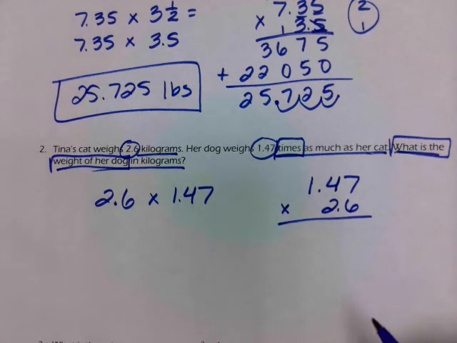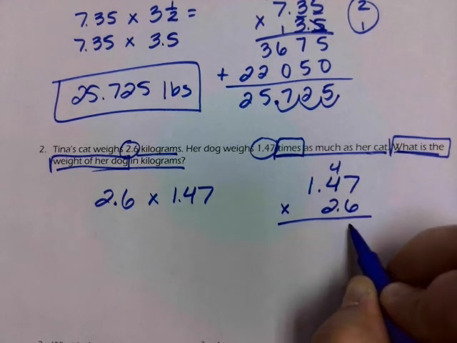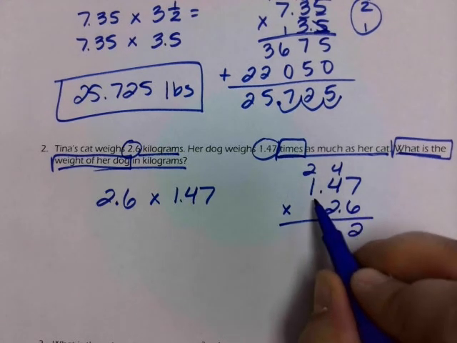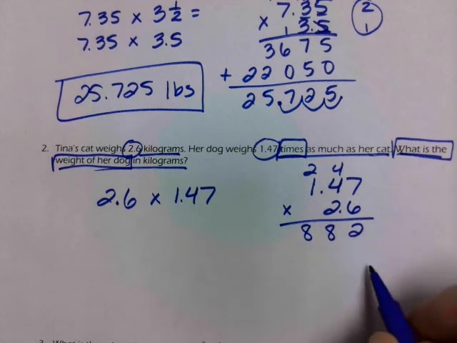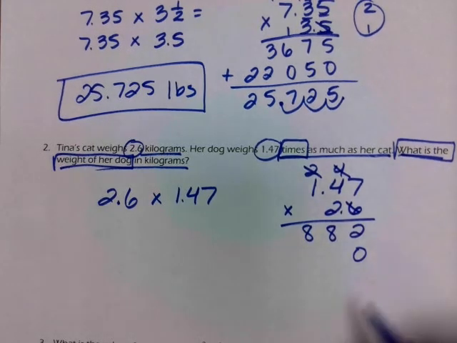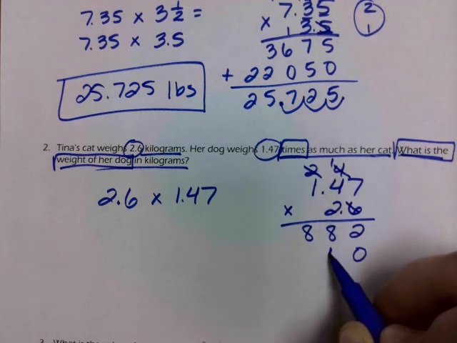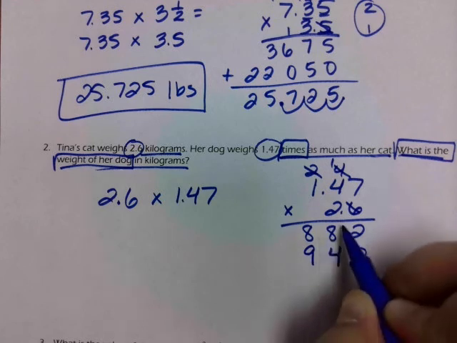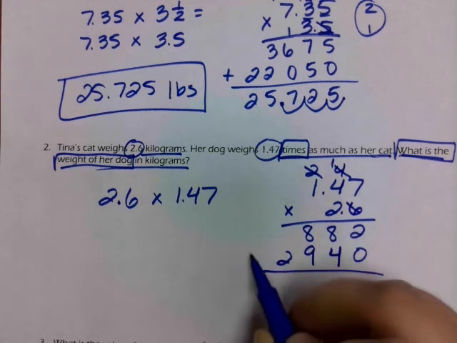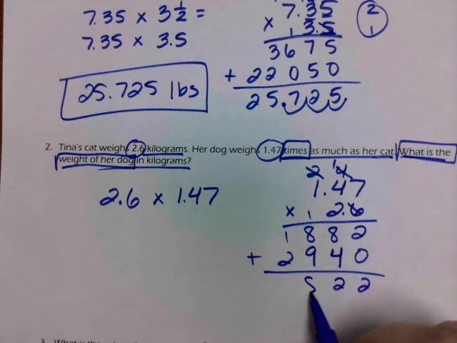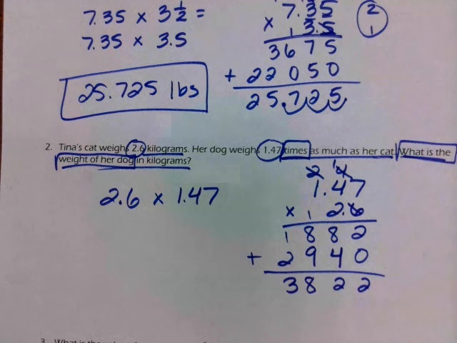And I can multiply. We get 42. 24 plus 4 makes 28. 6 plus 2 makes 8. Cross everything off. Put your placeholder. 2 times 7 is 14. That is 8 plus 1 makes 9. And then 2. Then we get 3,822, but now we need to count our decimal places.